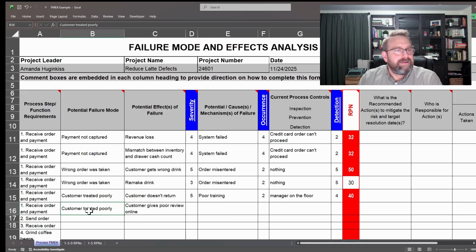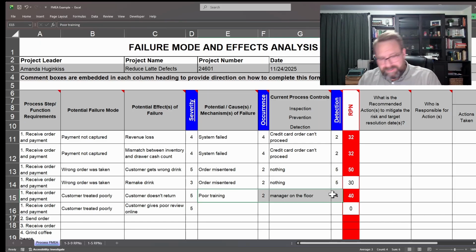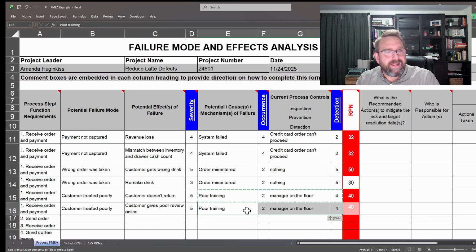All right. Finally, customers treated poorly. Customer gives a bad review online. This is where I wonder, can I go higher than 5? Because that is going to happen. Let's put that at 5. Again, we could probably just copy and paste. It's all the same, right?